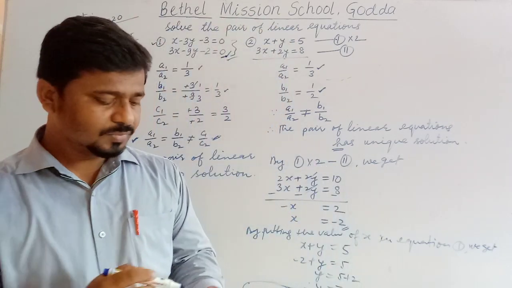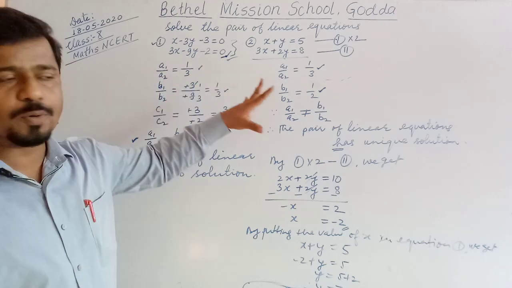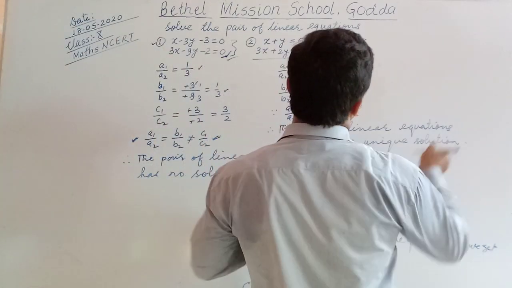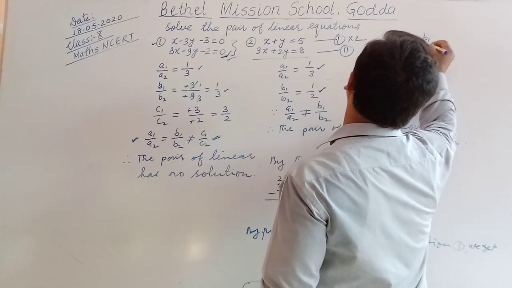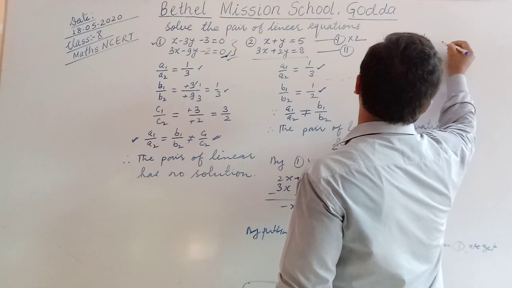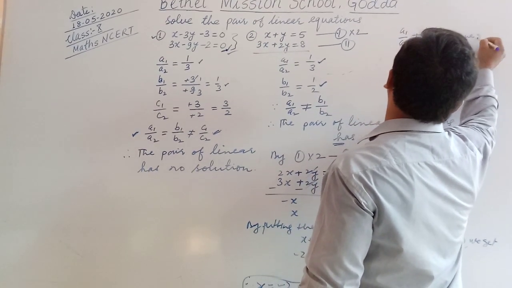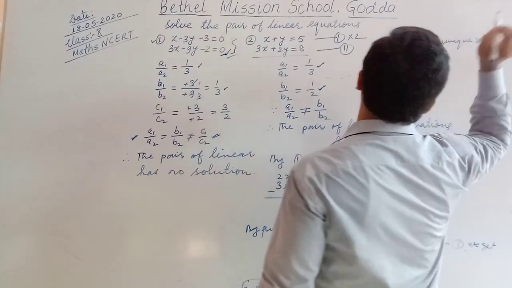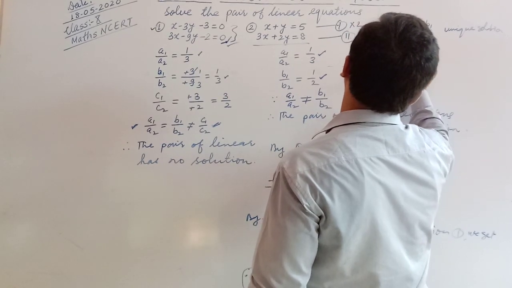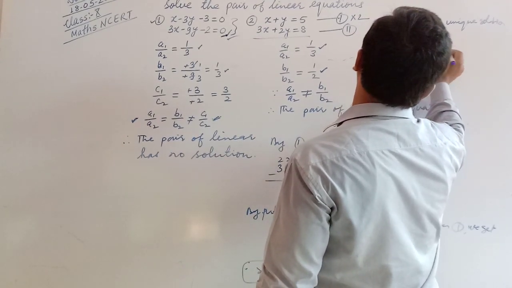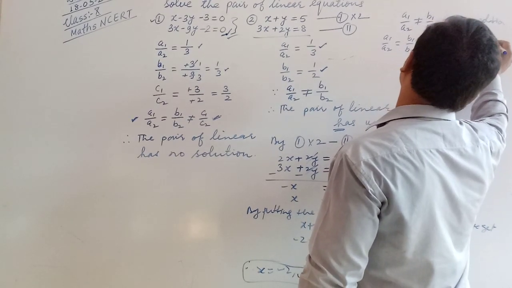You understand? So first we will check by using the property. We have three properties, you know that. One: if a1 by a2 is not equal to b1 by b2, then there is a unique solution, which means you have to solve. If a1 by a2 equal to b1 by b2 equal to c1 by c2, there are many solutions.